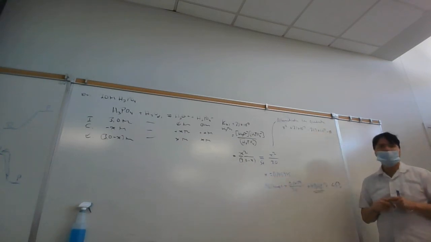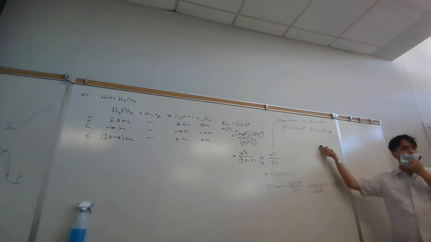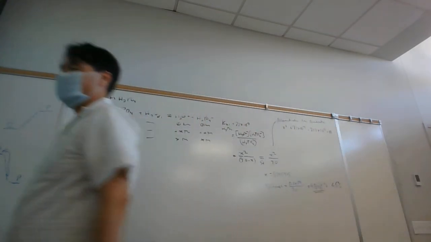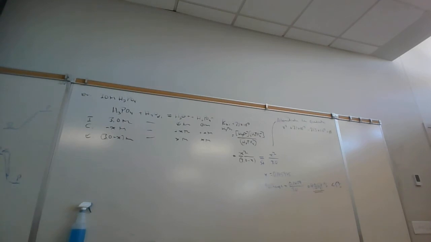So this wasn't hard, to get it into quadratic form. And then let's calculate it using a quadratic calculator, which is allowed. If the quadratic calculator is allowed, that changes things. And so A is 1, B is 7.1 times 10 to the minus 3.